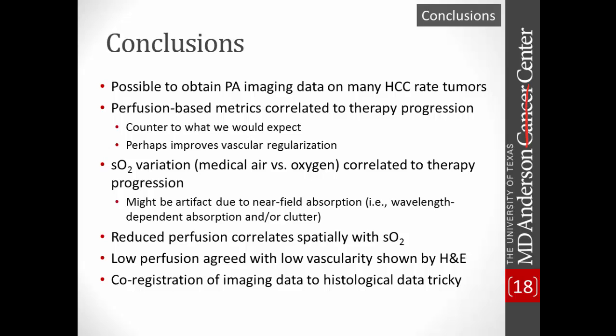Additionally, that near-field absorption changed through the course of therapy, so wavelength dependence on those two different transmits, 750 and 850, could be confounding what we see at the tumor site, given that it's at such great depth. Reduced perfusion correlated spatially with SO2, and low perfusion agreed with low vascularity.